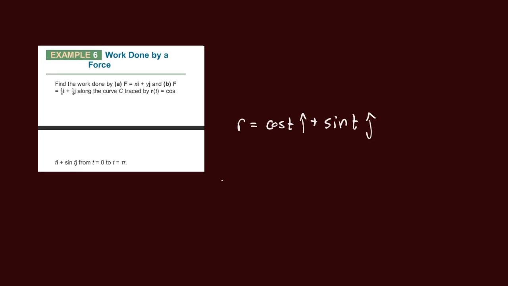Okay, so to calculate work is equal to the integral from A to B of our force times the derivative of our distance. So let's get our F, which will be the following.